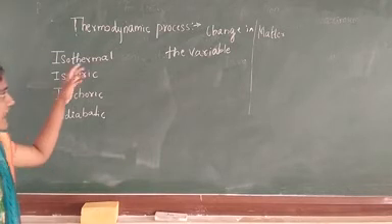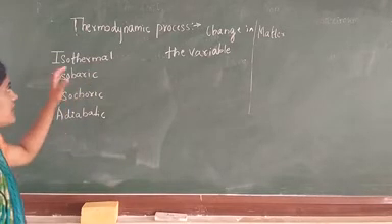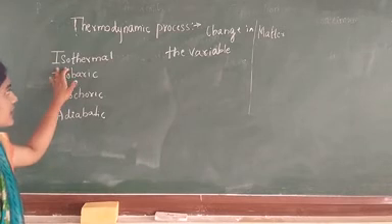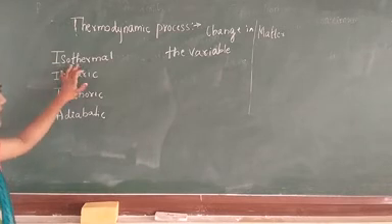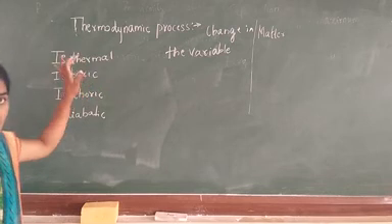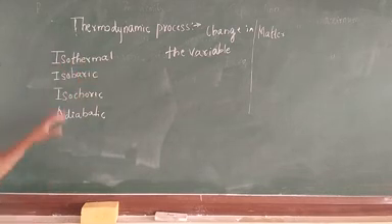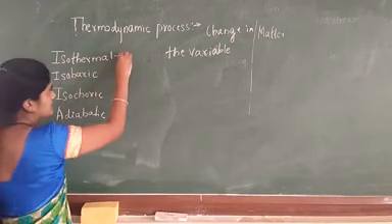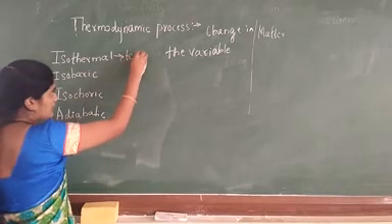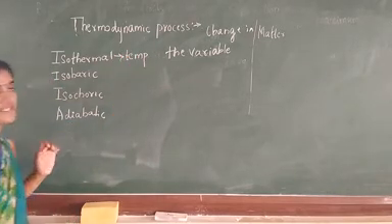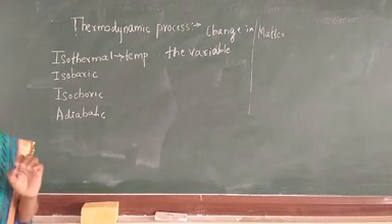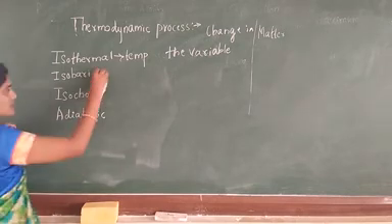Now we have to study the different types of thermodynamic processes. The first one is the isothermal process. In the isothermal process, we keep the temperature constant. Next, the isobaric process.